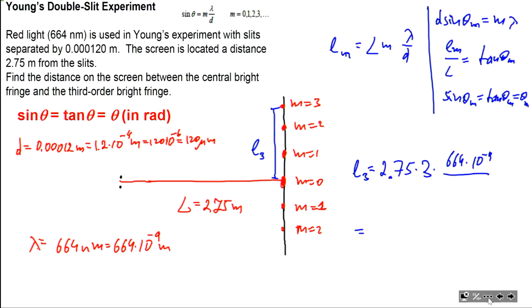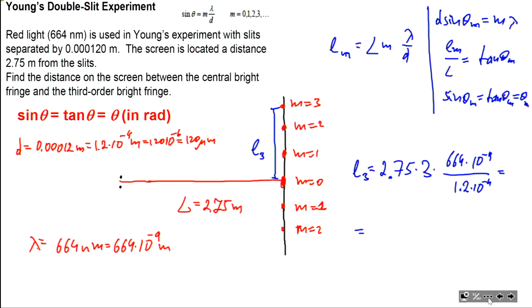So the wavelength over, what is it, 1.2 times 10 to the negative 4. Yeah, that's the answer. 2.75 times 3 times 664 times 10 to the negative 9 divided by 1.2 times 10 to the negative 4.